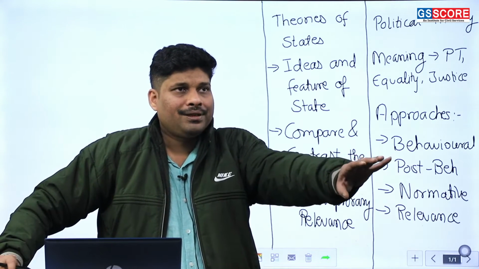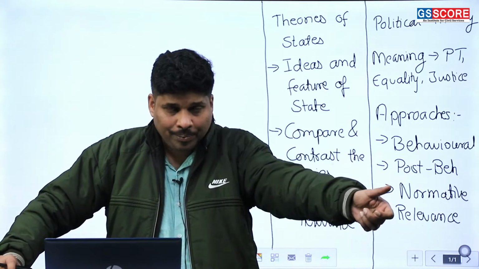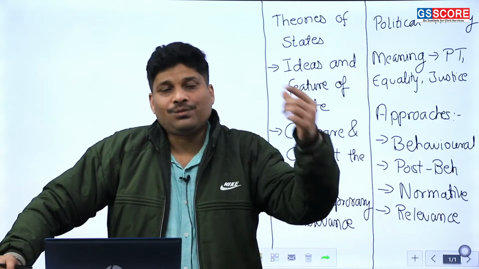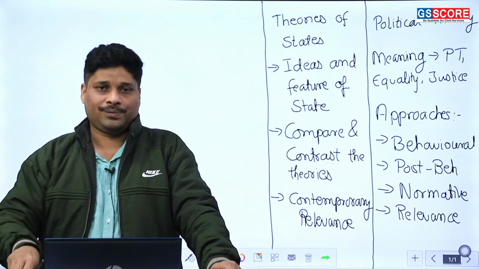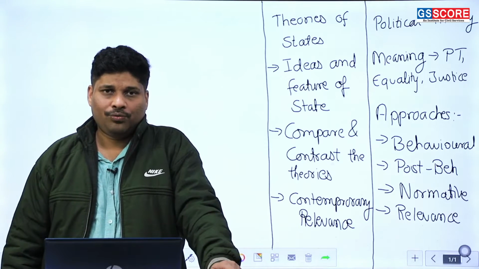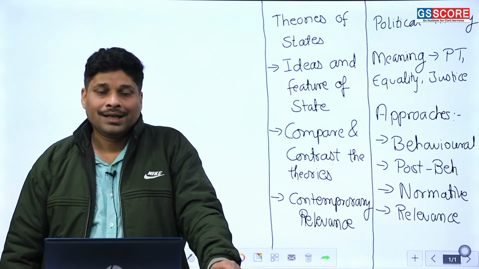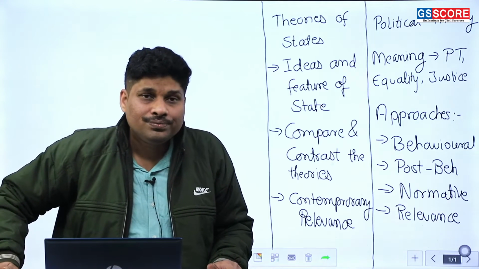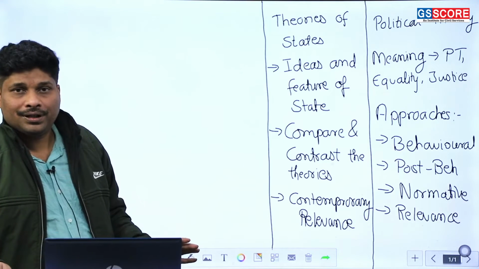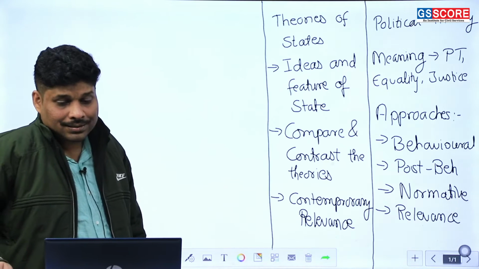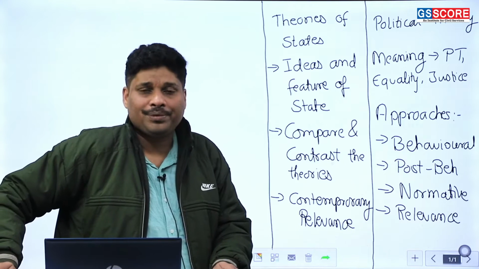Will it provide opportunities if that particular feature is adopted? And if that feature is already adopted, what are the demerits or merits with respect to that feature? That is what UPSC will expect you to know. In contemporary relevance, for example, discuss the Marxist theory of state in the context of its relevance in contemporary politics.